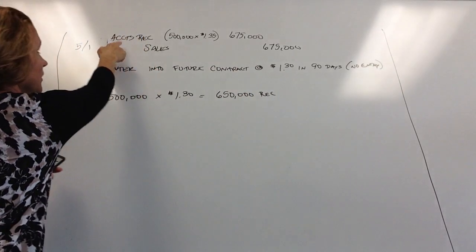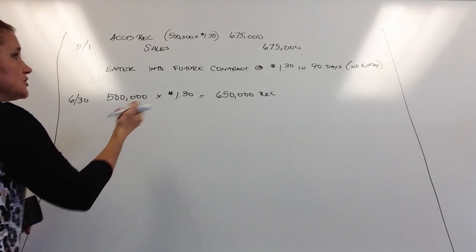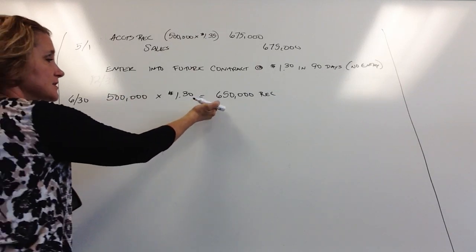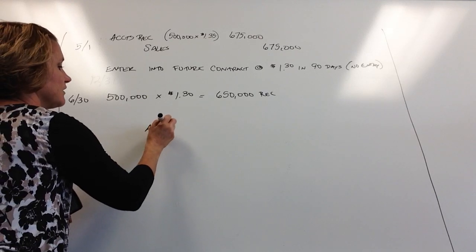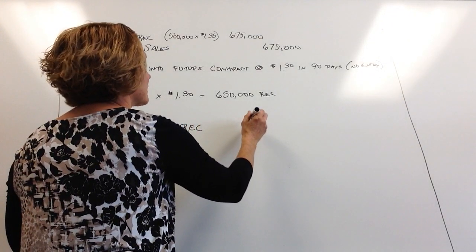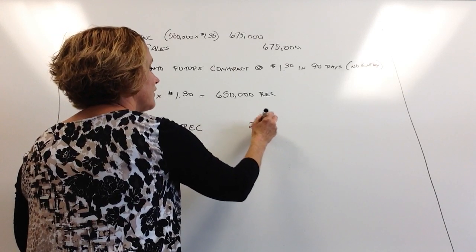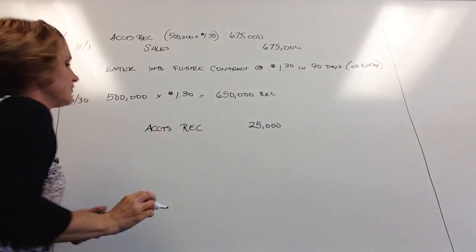We look at our receivable and it's at $675,000, so we need to take it down to $650,000. So we're going to credit that accounts receivable for the $25,000 difference, the difference between the $675,000 and the $650,000.